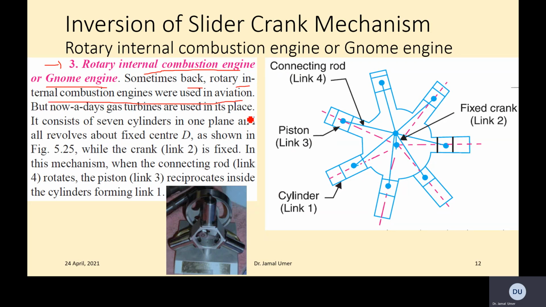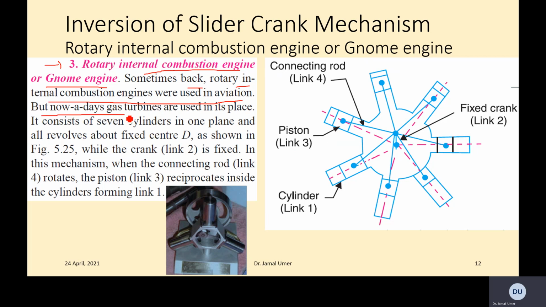You might have seen this in old aircraft where you got such an assembly. This is like three cylinders, but normally there were quite a lot of cylinders, like one, two, three, four, five, six, seven. So you got seven cylinders, for example, in rotary engines for aviation in old cases.